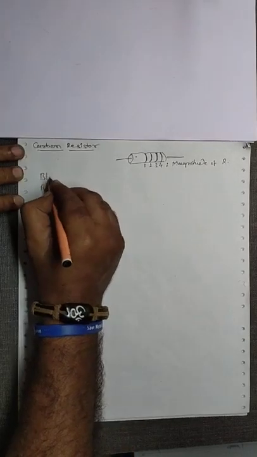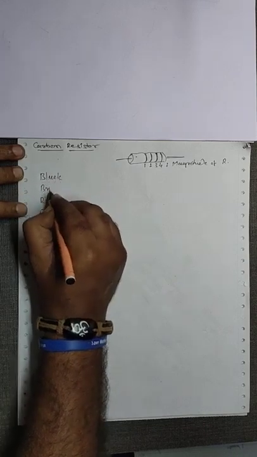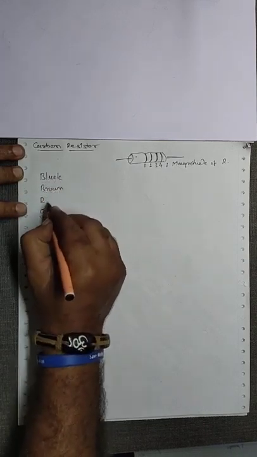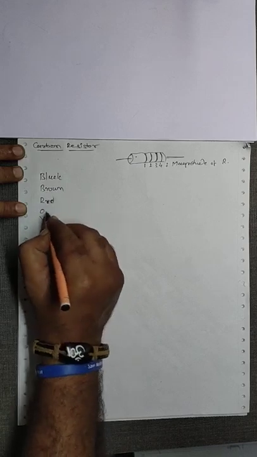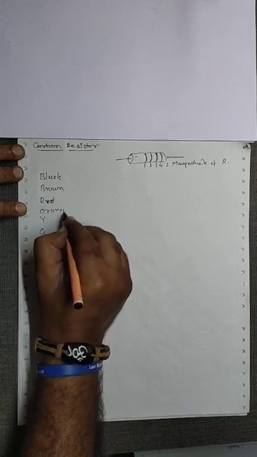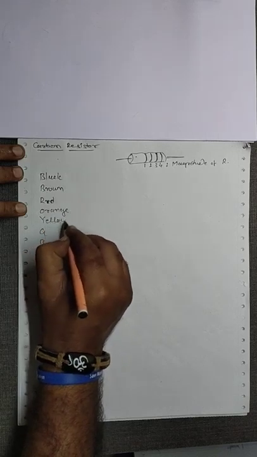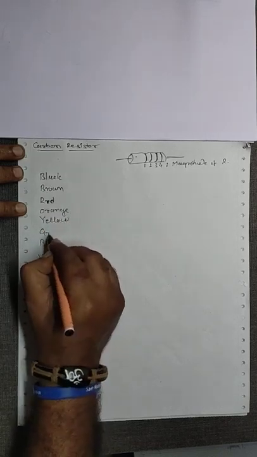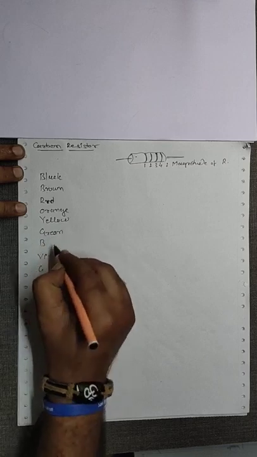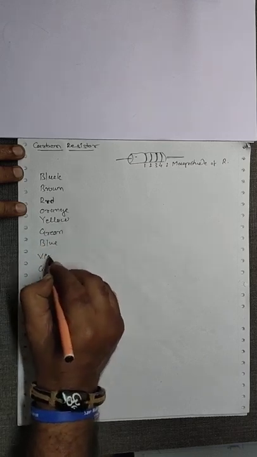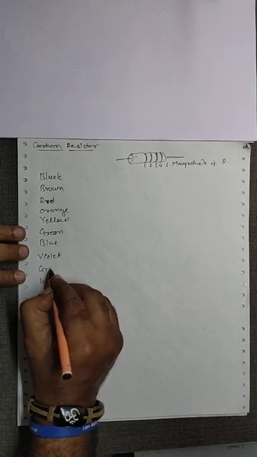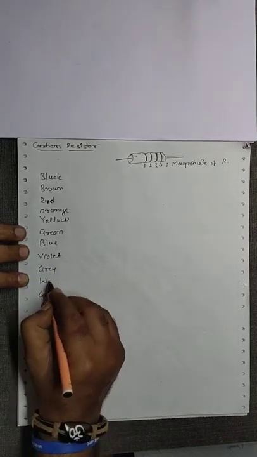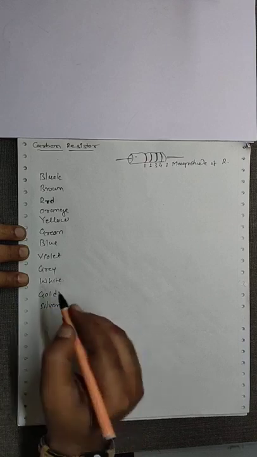B means black, brown. R, red. O, orange, yellow, green, blue, violet, gray and white.